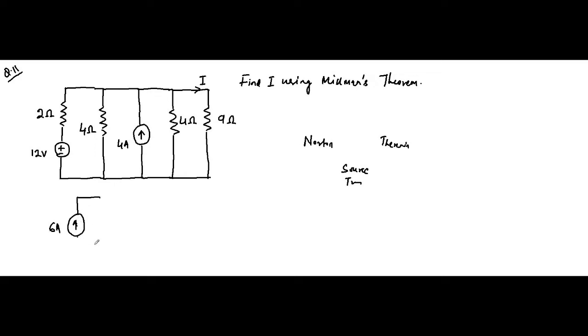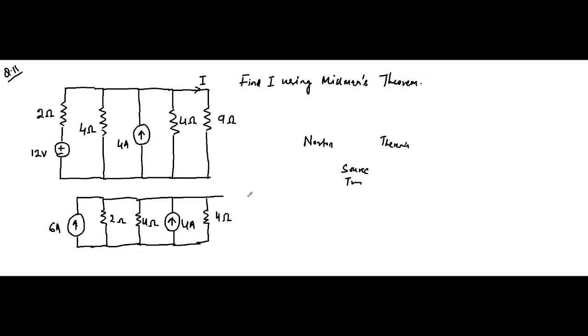Then we shift this 2 ohm resistor connected in series to parallel with this 6 ampere current source. Then we have this 4 ohm resistor, the remaining circuit stays the same: 4 ohm, then the 4 ampere current source, then again the 4 ohm, and then finally the load resistance 9 ohm.